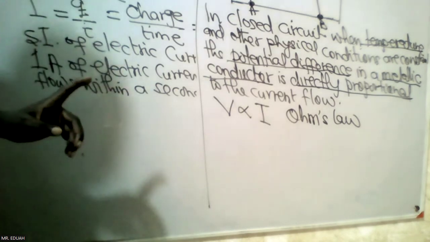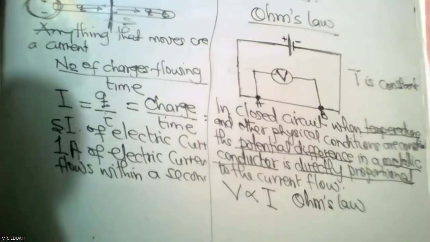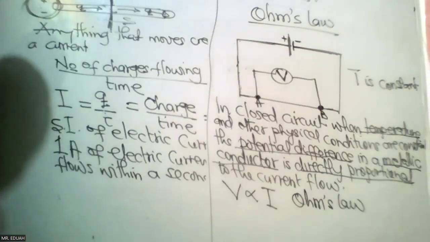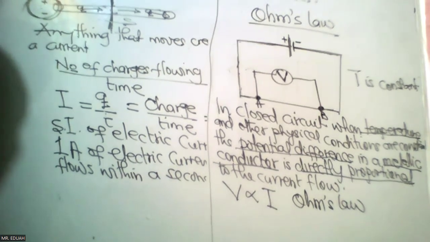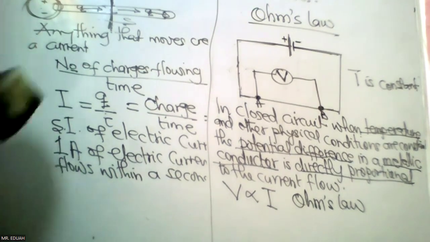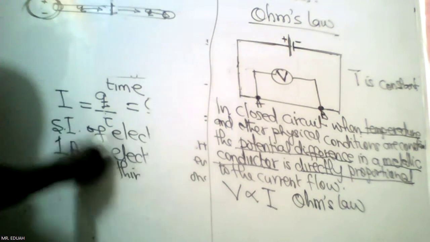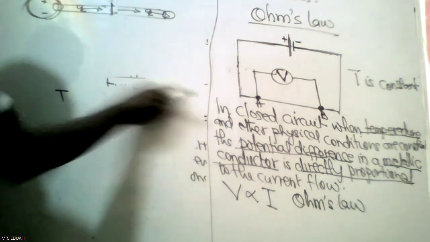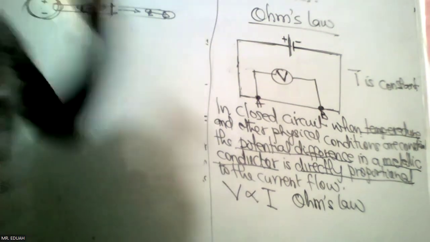The first question is, what is a potential difference? Anybody? What is a potential difference? I said it. Whenever you have a metallic conductor and there is a source of EMF, the moment you connect a source of EMF, we have an electric field created within the metallic conductor.